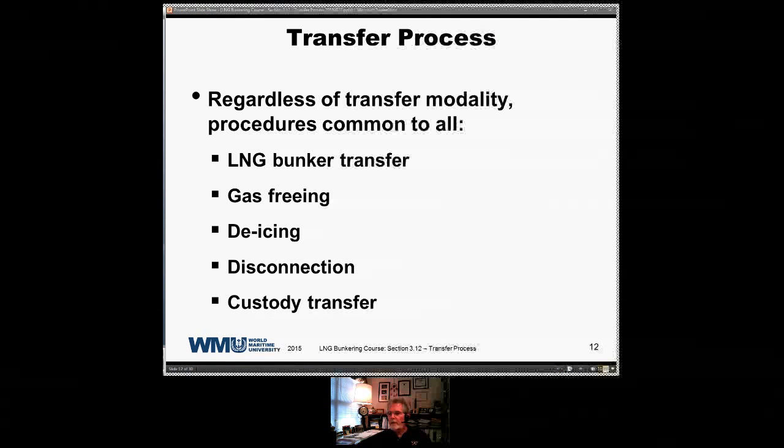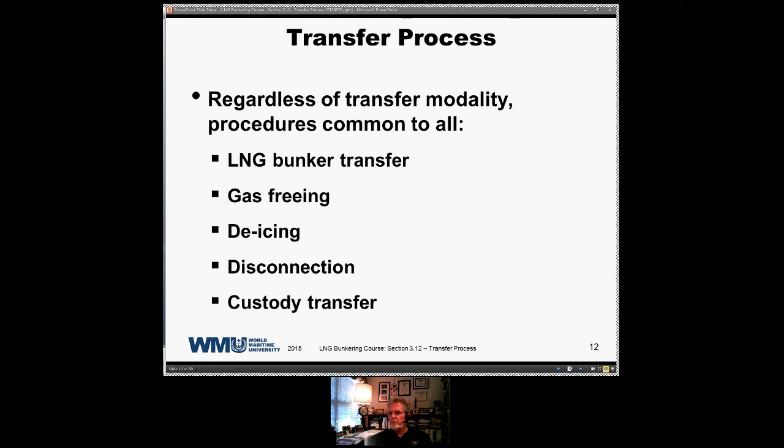Then the actual transfer of LNG, whether it's an LNG cargo or an LNG bunkering operation, will take place. If it's a bunkering operation, it's going to be of comparatively short duration when compared to transferring a cargo.